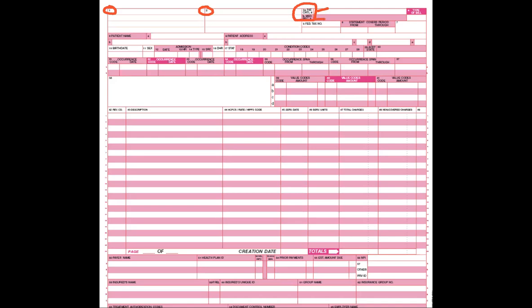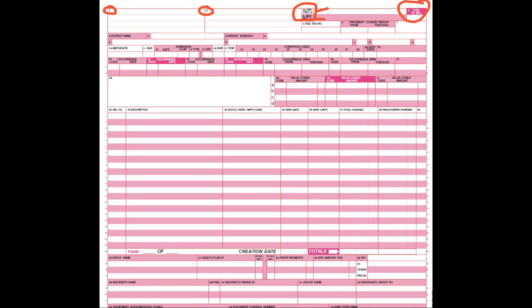Reason being is that patients can have multiple encounters, and we need to be able to differentiate between a visit from last month versus a visit from last week, because those are typically going to be separate claims that are going to go out. And so when we are following up on the claim, we need to know what date of service we are looking at. So the medical record number, that's that number that does not change, whereas the account number is going to change per visit.